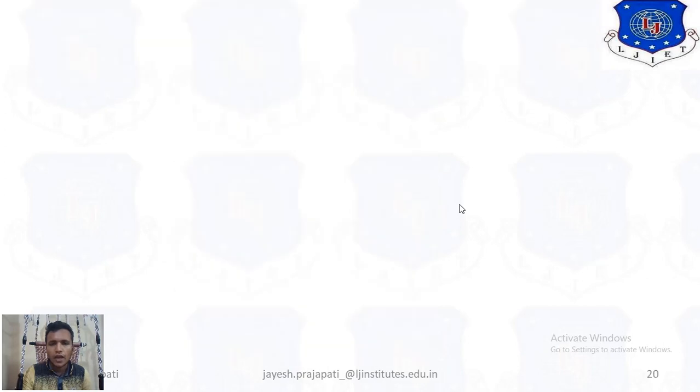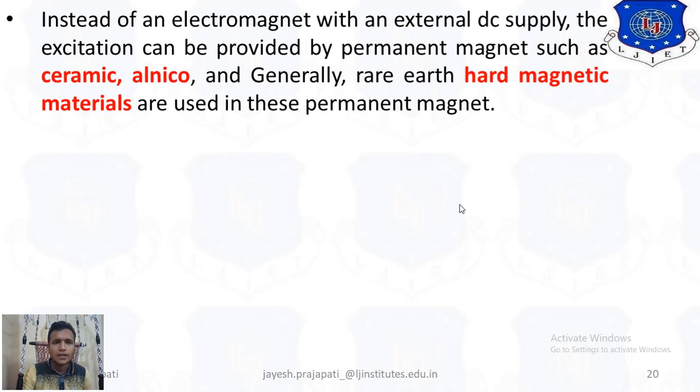Now instead of an electromagnet with external DC supply, the excitation can be provided by a permanent magnet such as ceramic, alnico, and generally rare earth hard magnetic material. In the permanent magnet motor, we do not connect an external DC supply for excitation.